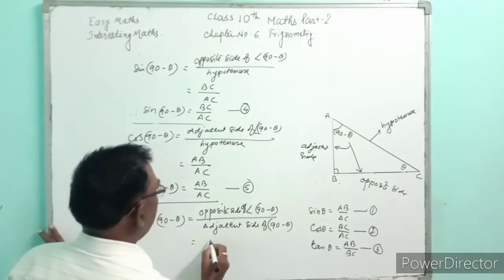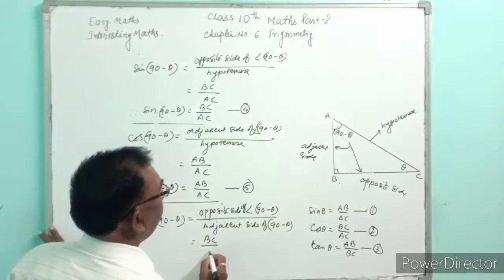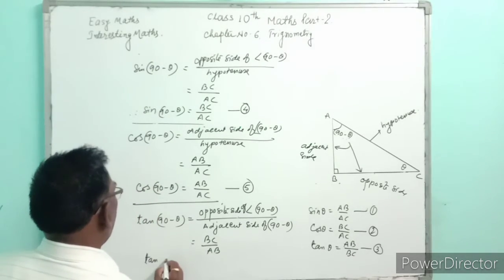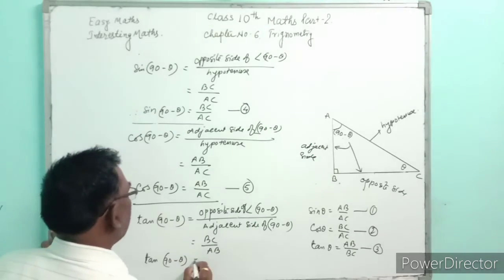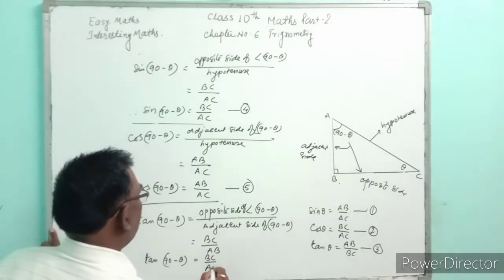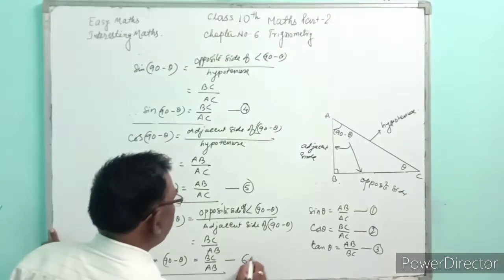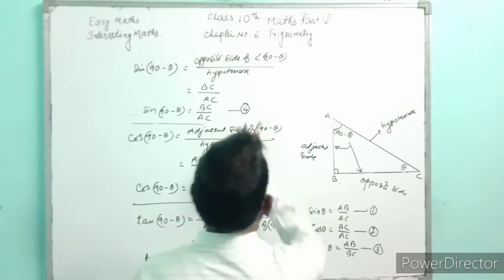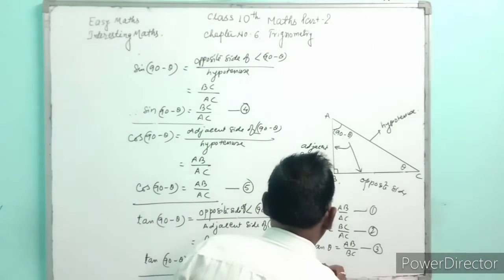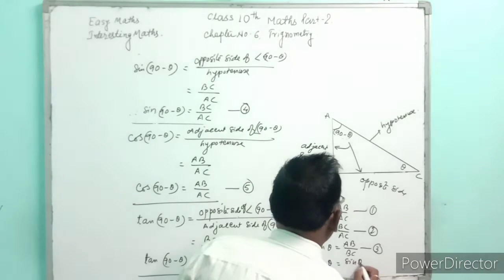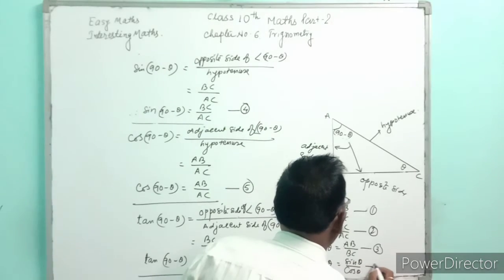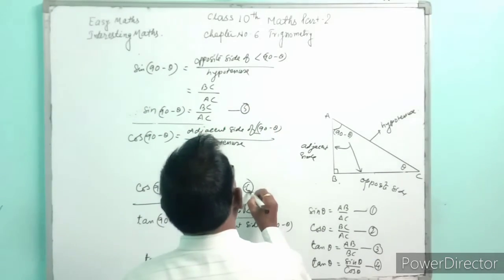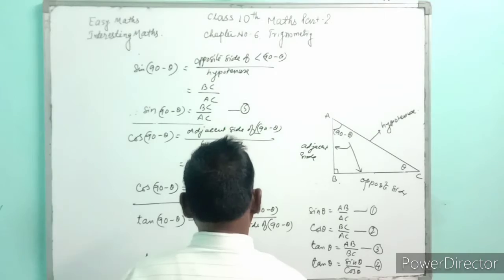Therefore, tan 90 minus theta is equal to opposite side upon adjacent side, which is BC by AB. This is equation number 6. Tan theta is equal to sin theta upon cos theta, this is number 4. This is number 5. This is number 6. And this is number 7.